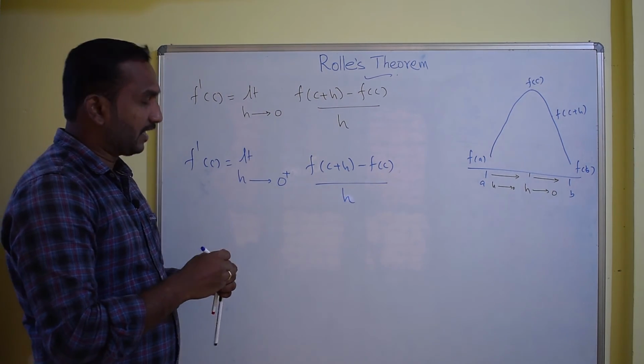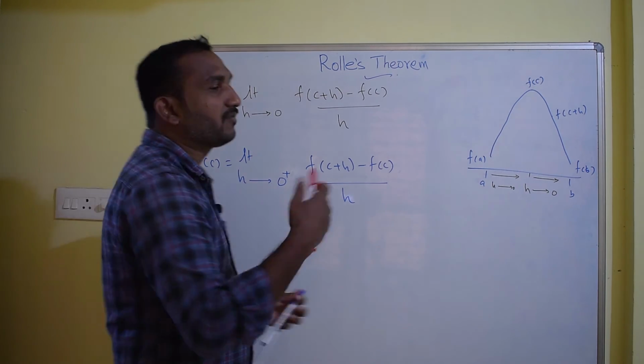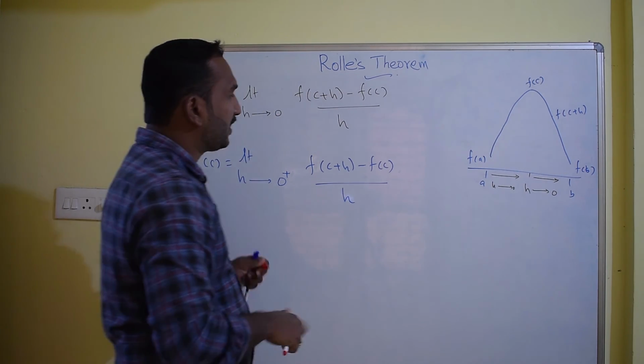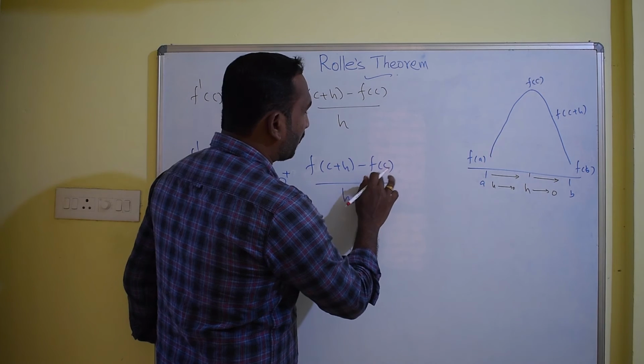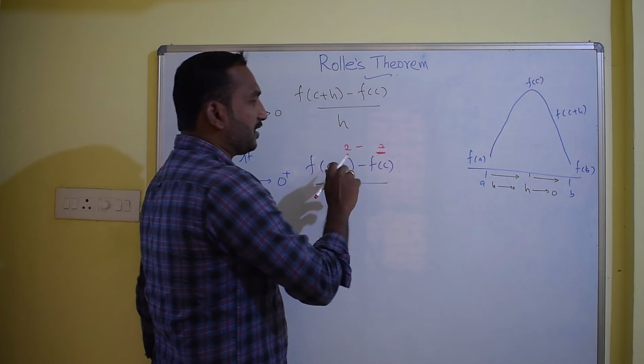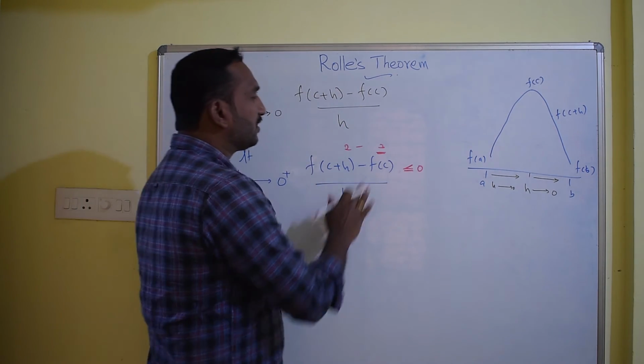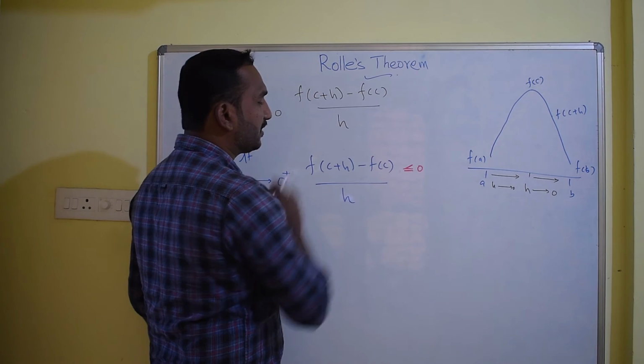Already we discussed that f of c is the maximum value and rest of the values are minimum, so obviously this term will become, suppose f of c is equal to some 3, definitely it will be less than 3. So this term will become less than or equal to 0.